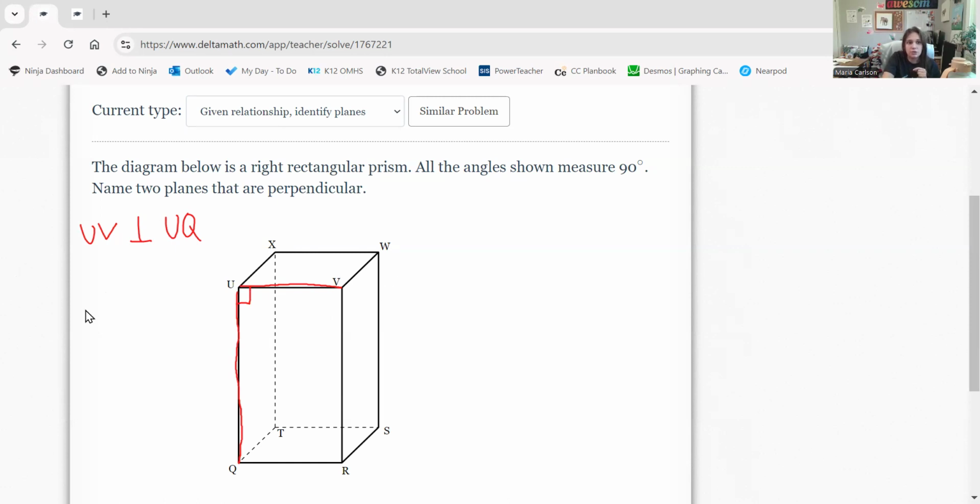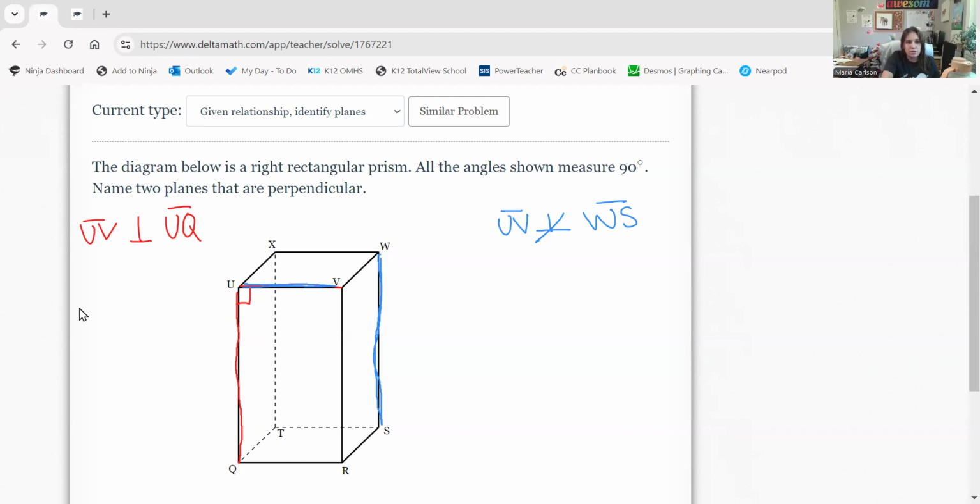Segment UV is not perpendicular to segment WS. Forgot to put the little bars above my segments.